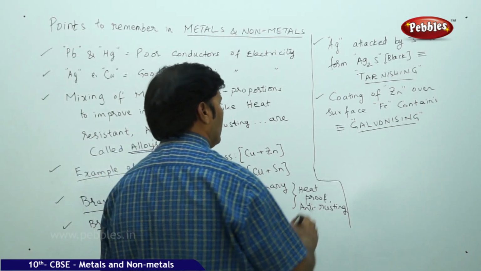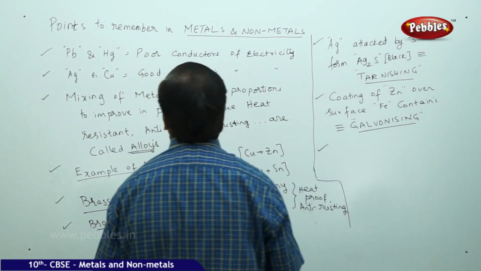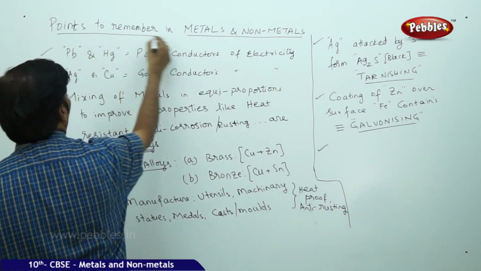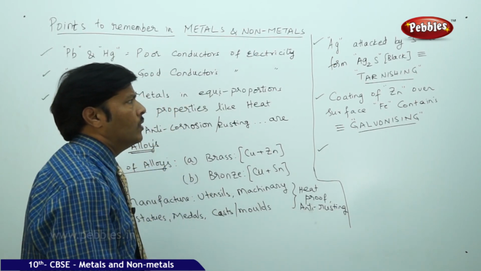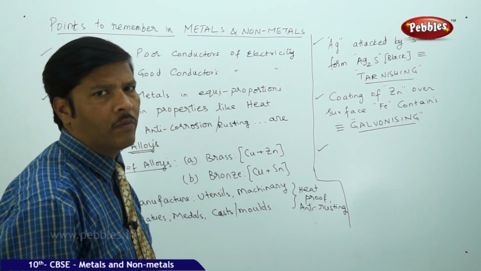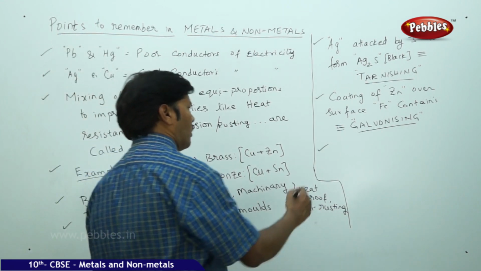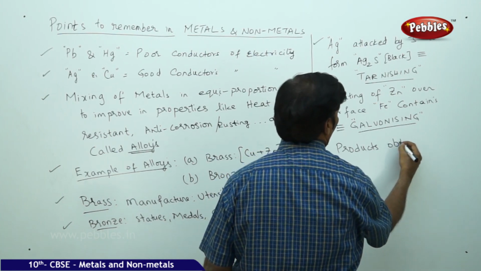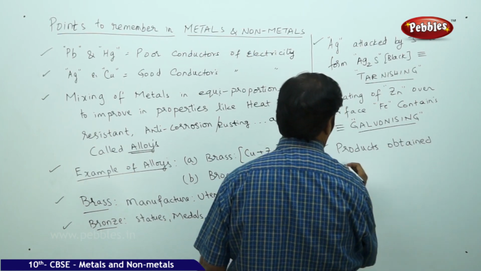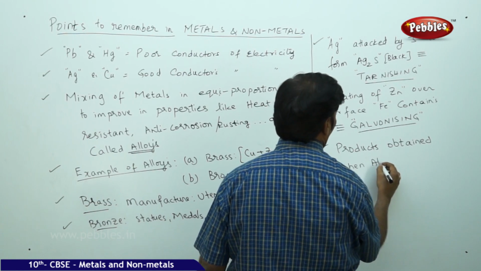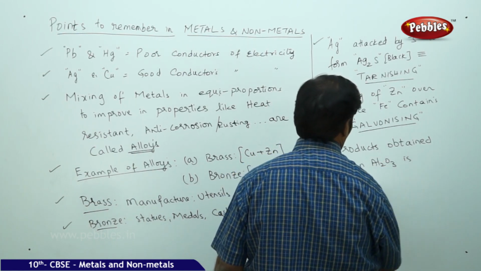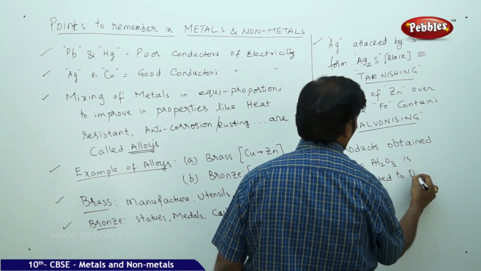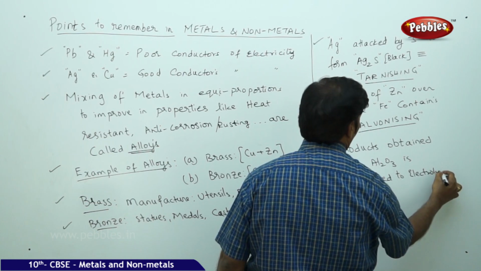Similarly, if you add a few more points to remember: what are the products obtained when Al2O3 is subjected to electrolysis?